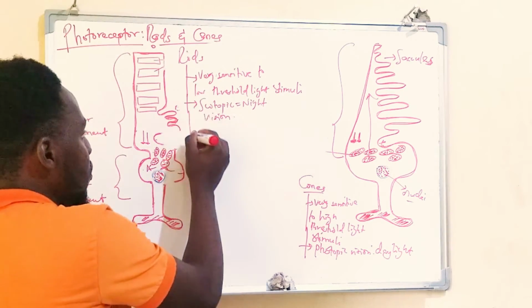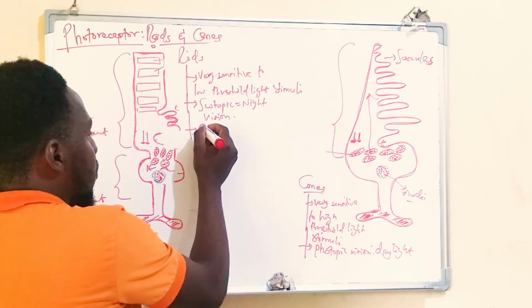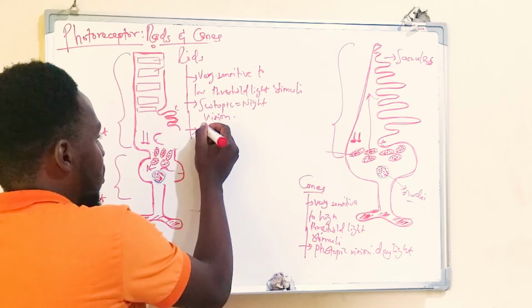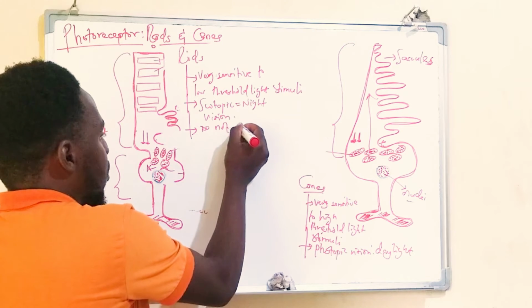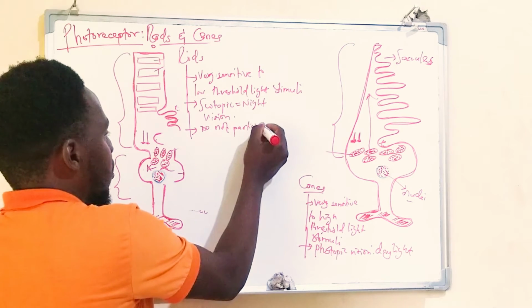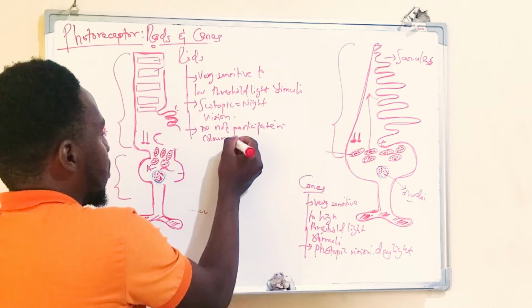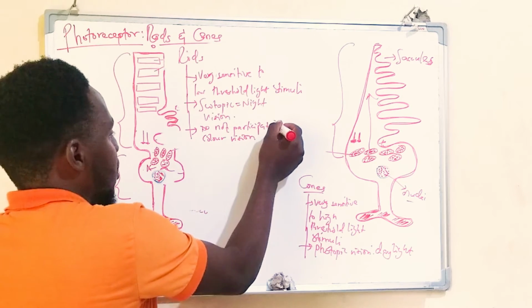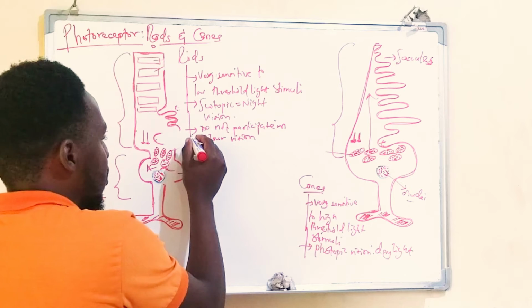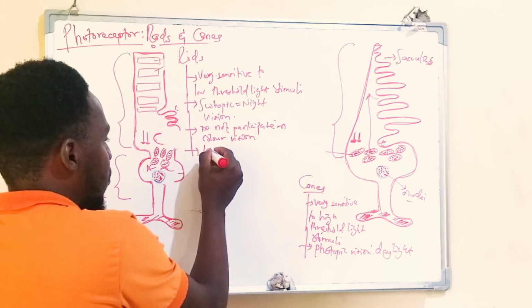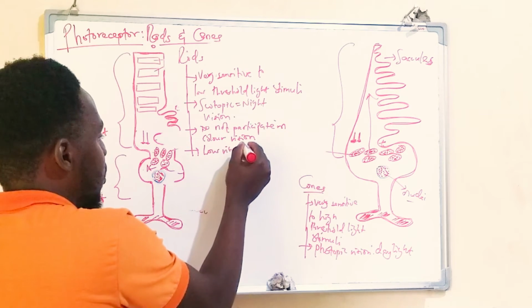The rods do not participate in color vision, and they have low visual acuity.